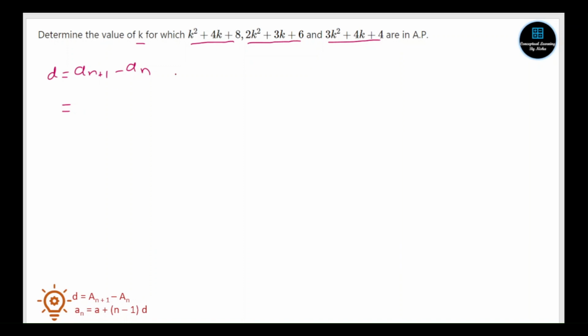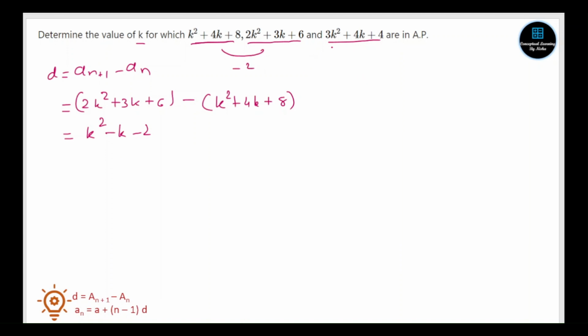So I'll write this as 2k square plus 3k plus 6, minus, I am subtracting the first term now, k square plus 4k plus 8. When I simplify this, we get k square minus k minus 2. So the common difference of these two is k square minus k minus 2.